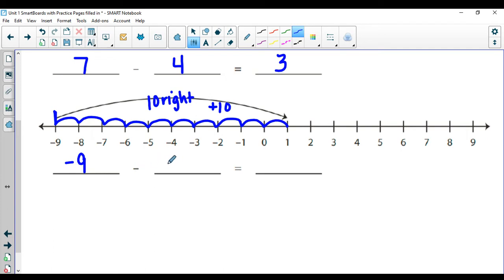So what do I have to do to my 10 so that this actually becomes a plus in between these two? I actually have to make it a negative. Minus a negative, those turn into a big old plus sign. So negative 9 minus a negative 10 would turn into a plus sign, because we keep the first number, change to plus, plus. And my final answer is 1.